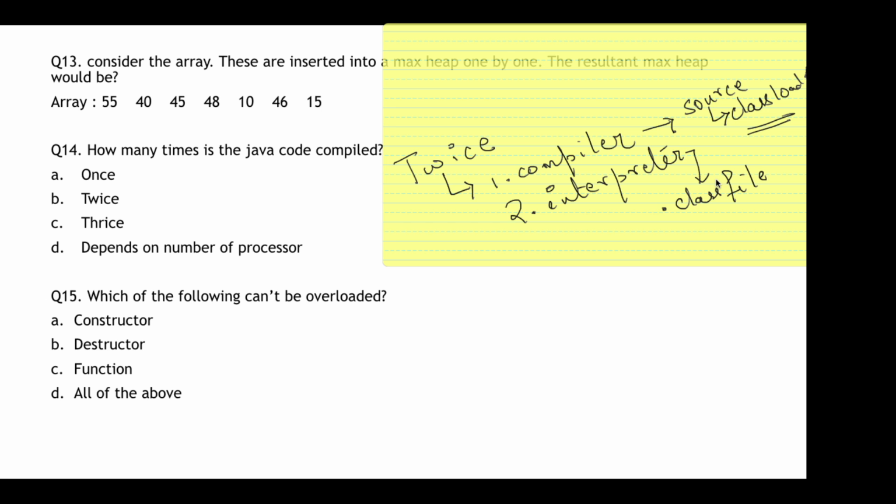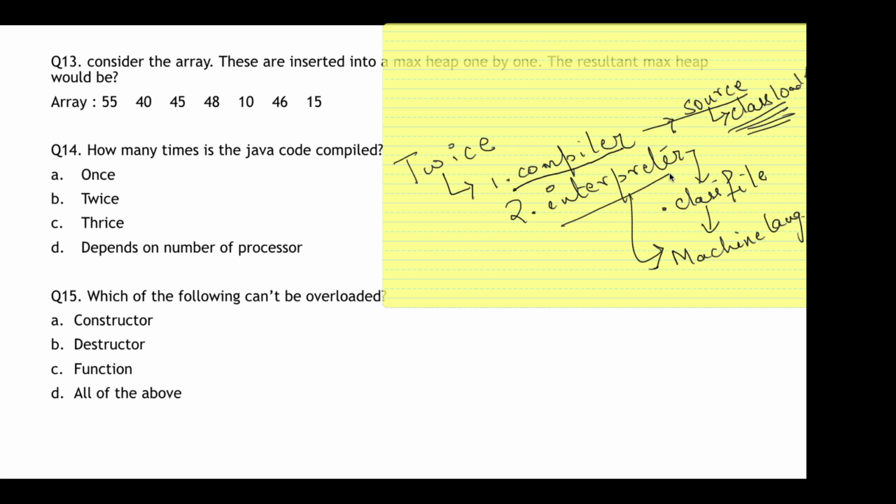So when the class file is generated, when this is converted into machine language, at that time the interpreter does the scanning. It checks the code again. Okay. So remember, Java code is compiled twice. First by the compiler when the source code is loaded by the class loader, and second by the interpreter when this class loader converts the source code into a .class file.